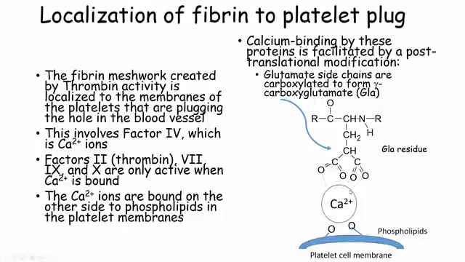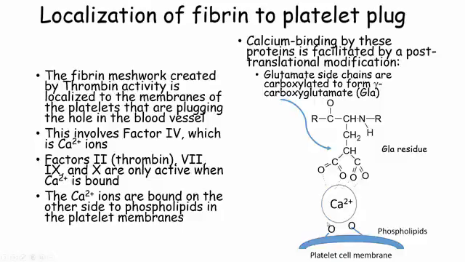localize all these proteins to the platelet membrane by binding them through a post-translationally modified amino acid called gamma-carboxyglutamate, formed by adding an additional carboxyl group to the glutamate side chain. And what this does is forms an arrangement of oxygen atoms that is just the perfect size and shape for binding calcium.